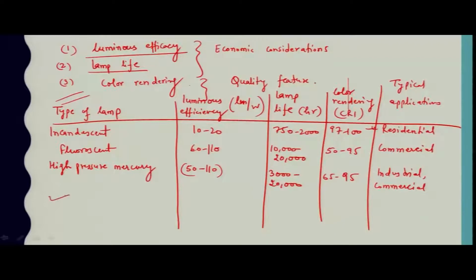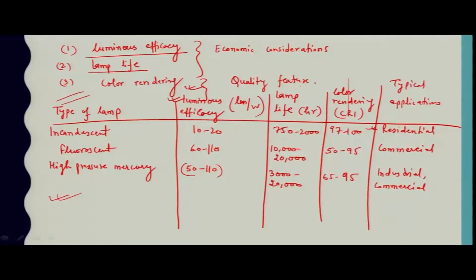So this is the characteristic of selected lamp types. This luminous efficacy refers to the efficiency of the lamp, that is its capacity to convert electrical power to luminous power. It is measured in lumens per watt.